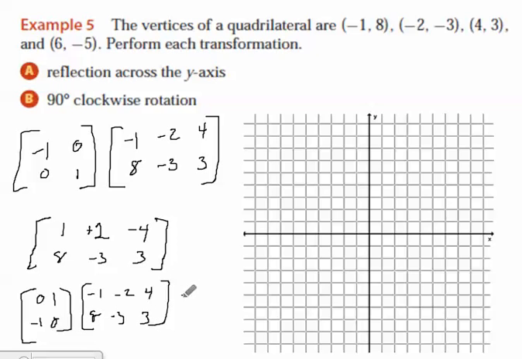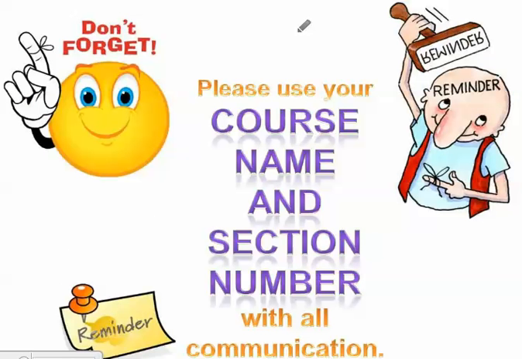When we multiply these out, we're going to get an 8, -3, 3, and we're going to get a 1, 2, -4. Those would be rotated 90 degrees. Okay? You can see how doing these rotations becomes easy if you're doing it with matrix math. Hopefully you do. So it is a relationship back to that geometry.